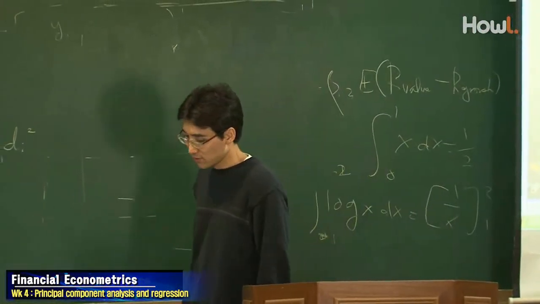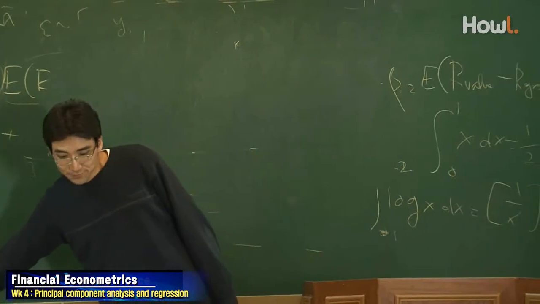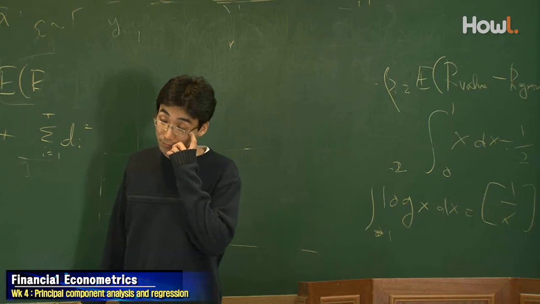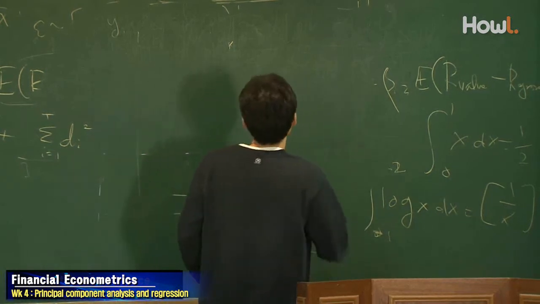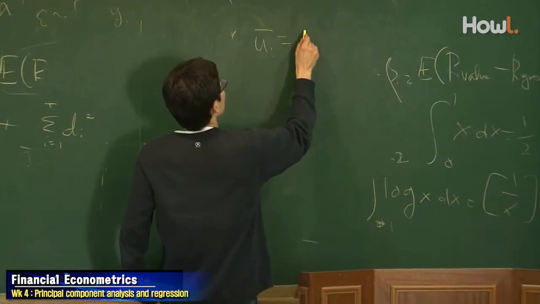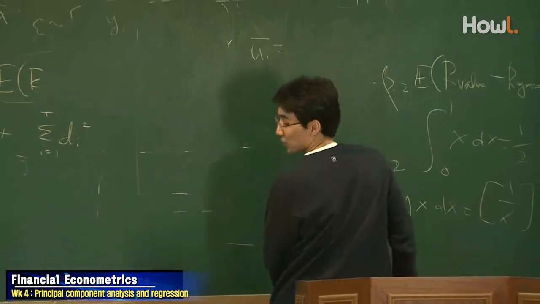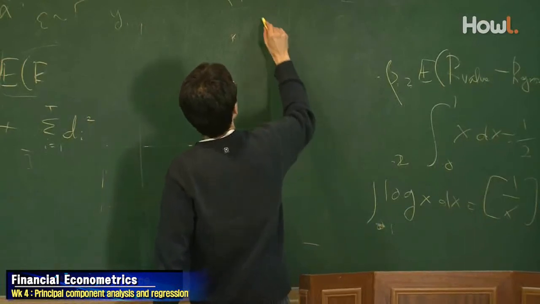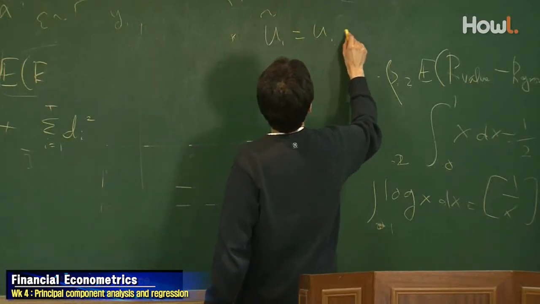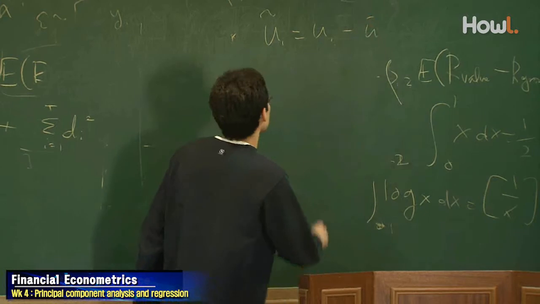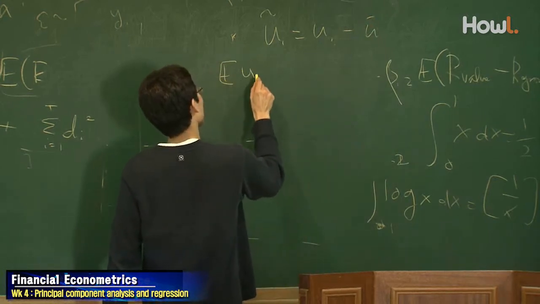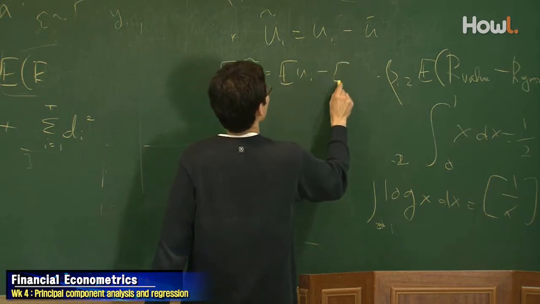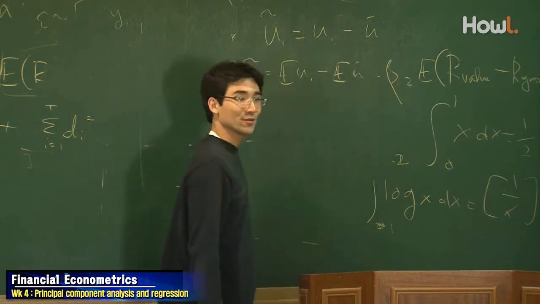So first, ui tilde. So ui tilde is by definition ui minus u bar. Okay. So the expected value of ui tilde is the expected value of ui minus the expected value of u bar, right?